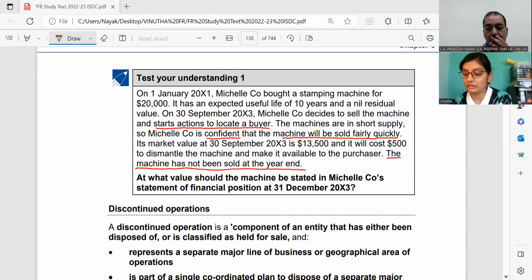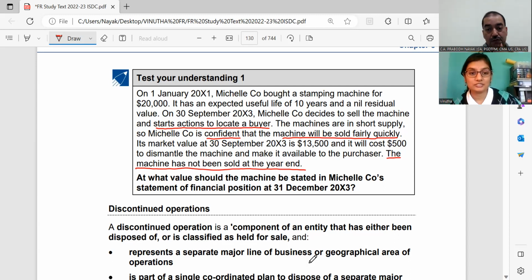In that, if we sell it for 13,000 and 500 we exclude because of the dismantling cost. The loss is 1,500, sir.